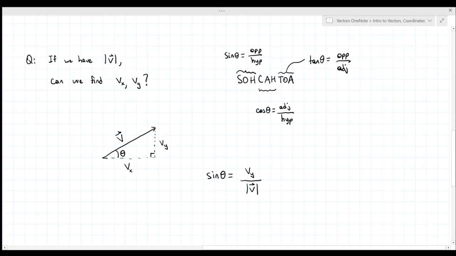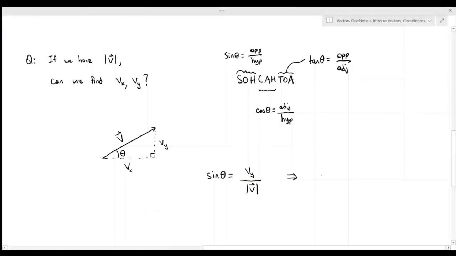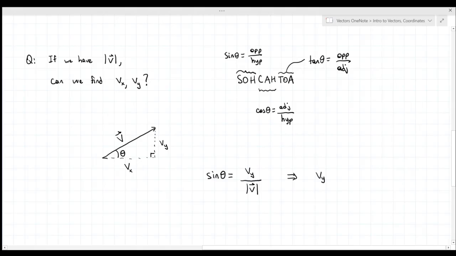So if we know the angle theta and the magnitude, then we can solve for the y component by multiplying the magnitude to the other side. We get that the y component is the magnitude of v times the sine of theta.